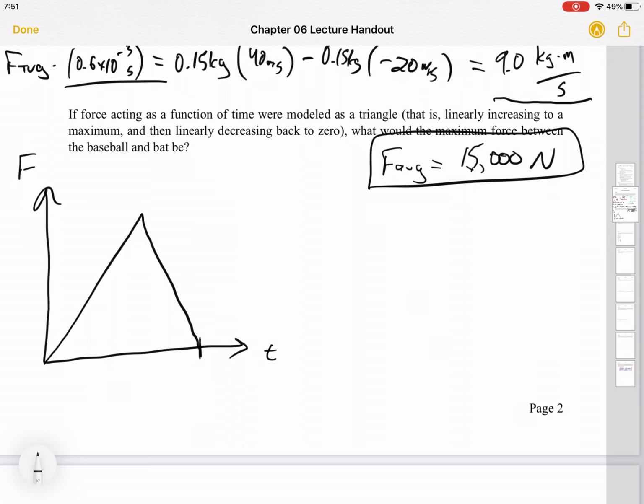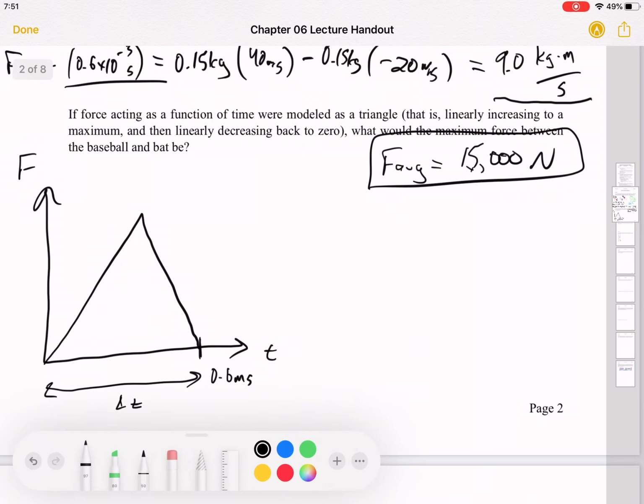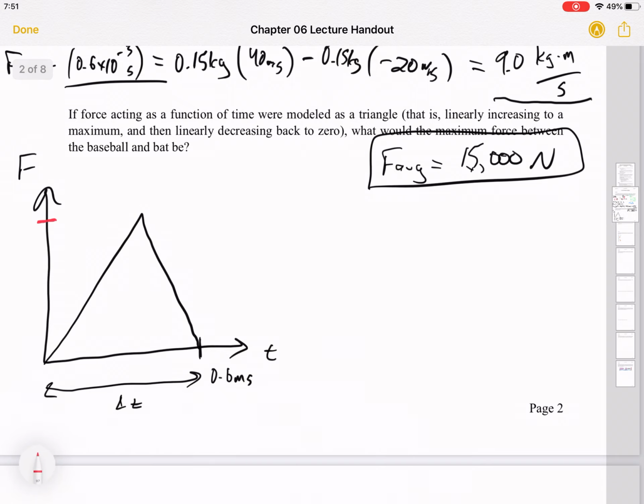This length here is delta t, and this time at the end would be 0.6 milliseconds. So what's the maximum force? That's what we're asking. What's the height of this triangle?